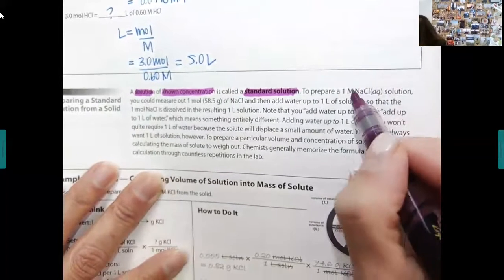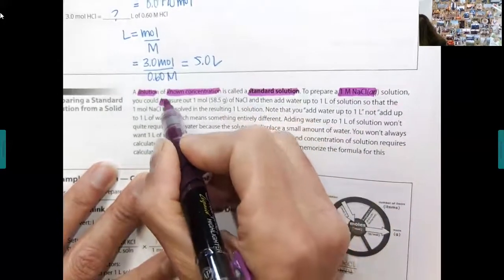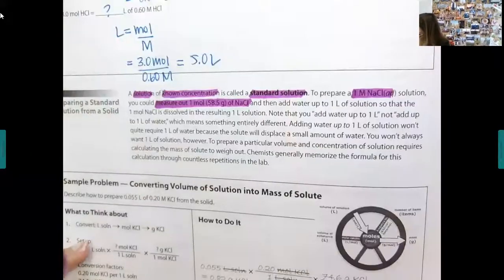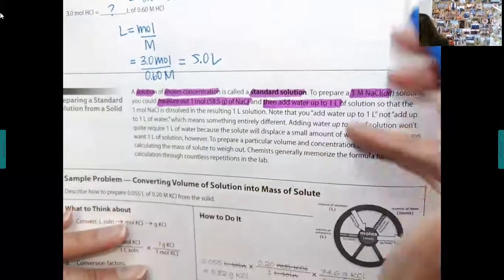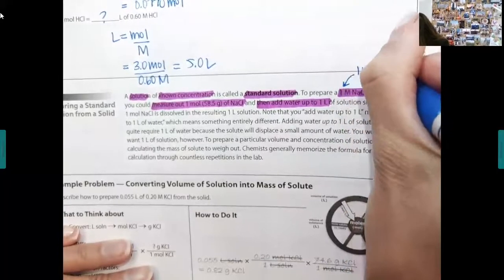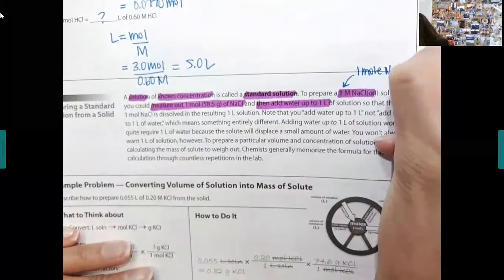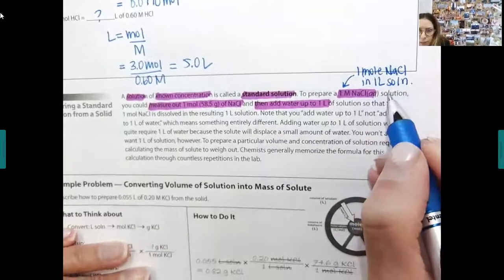So if you want to prepare a 1 molar sodium chloride solution, you need to measure out the mass of sodium chloride, and then you're going to add water up to the 1 liter mark, because 1 molar specifies 1 mole of sodium chloride in 1 liter of solution, okay?